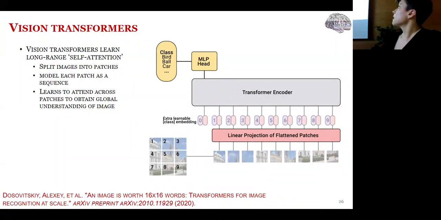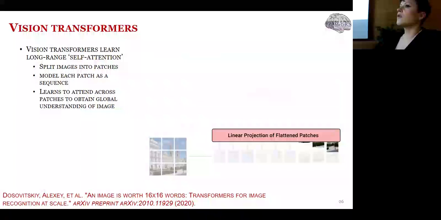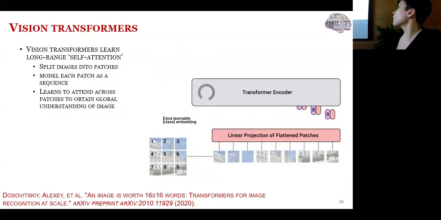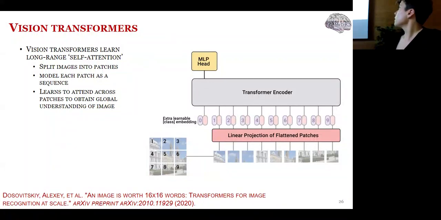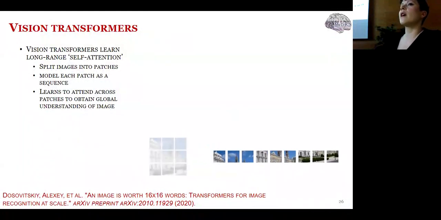So vision transformers were developed in 2020. They take the idea of the transformer model, which was originally used for language. So in language, the idea is that you learn a model that learns how different words in a sentence or in a paragraph attend to each other in order to convey meaning.